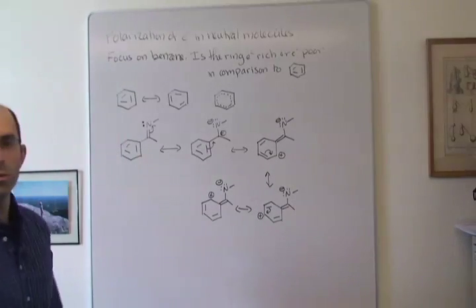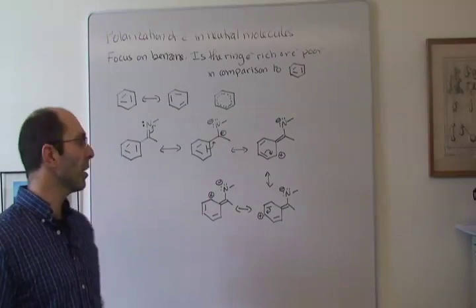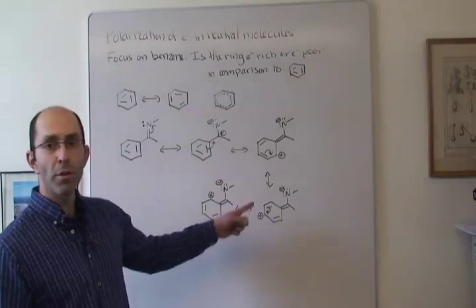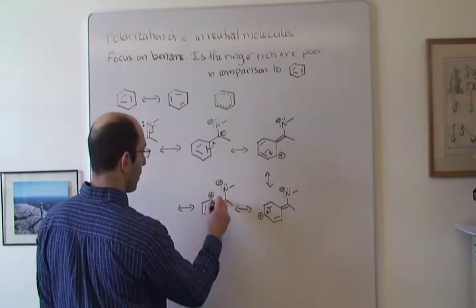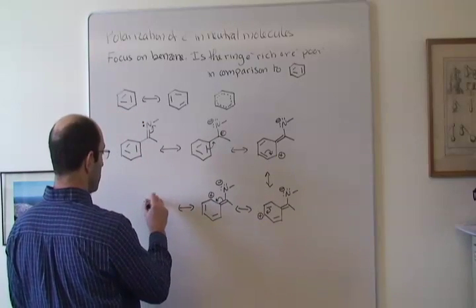You'll note when you do delocalization around a benzene ring that the charge is going to go on every other atom. And we can draw one more structure here just to get back to what we started with originally.